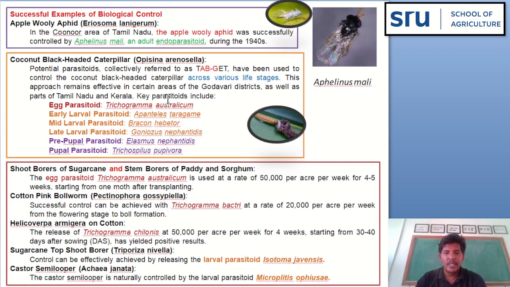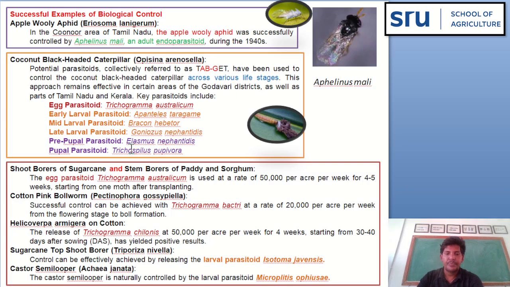See here, Trichogramma australicum acts as an egg parasitoid on Opisina arenosella. Apanteles taragamae acts as an early larval parasitoid. Bracon hebetor is the mid-larval parasitoid. Goniozus nephantidis acts as a late larval parasitoid. Elasmus nephantidis acts as a prepupal parasitoid.